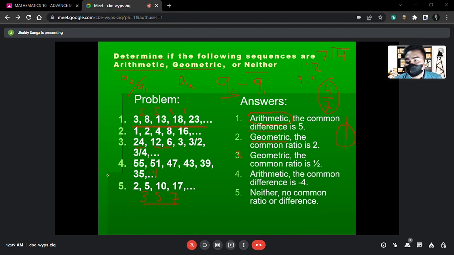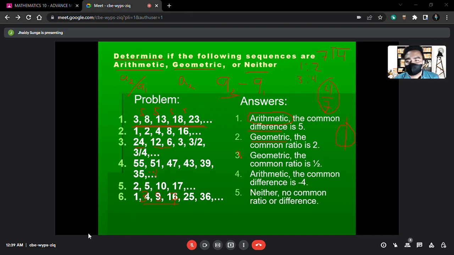So are 3, 5, 7 common to each other? No, it isn't common. So that's why we determine that this sequence is neither arithmetic nor geometric, as there is no common ratio and no common difference, right? Are you getting it?